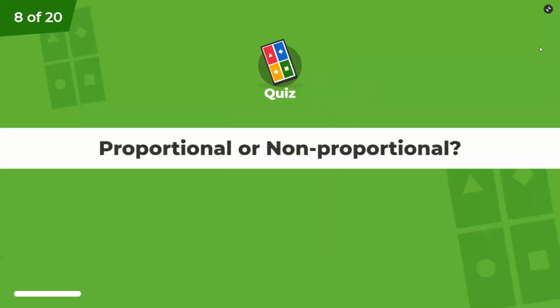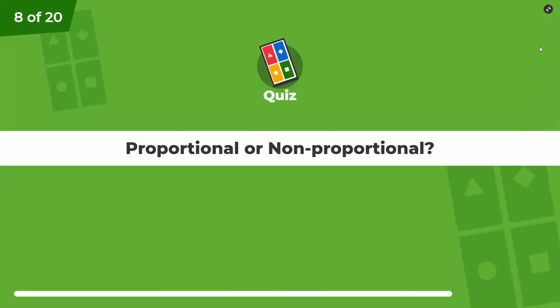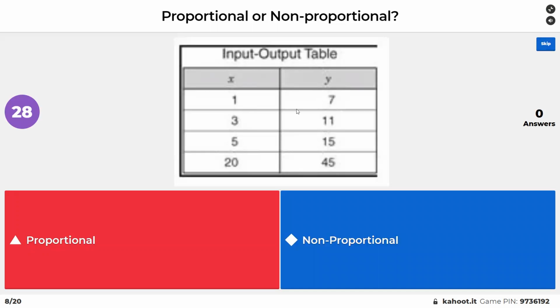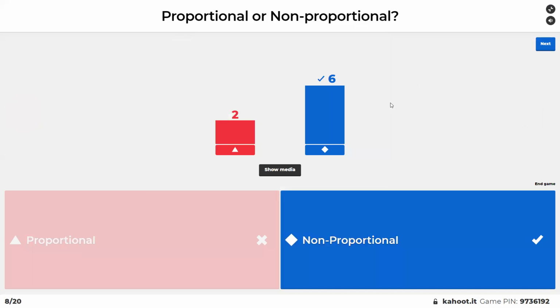Proportional or non-proportional? All right, so take your y values divided by your x values. If you get the same number, it's going to be proportional. If you get a different number when you take y divided by x, it's non-proportional. Nice job, guys.